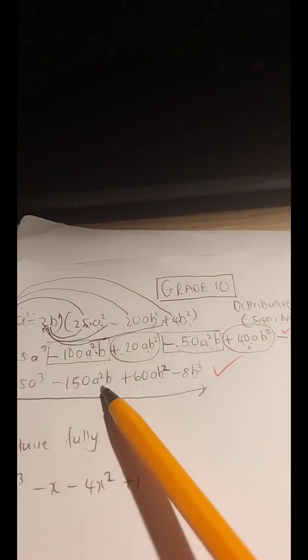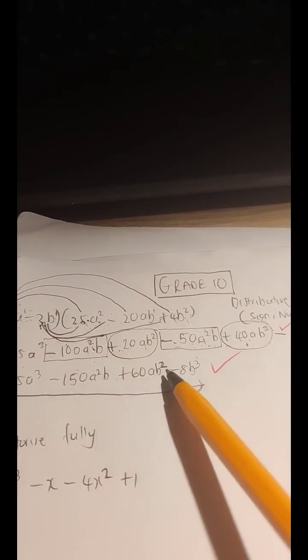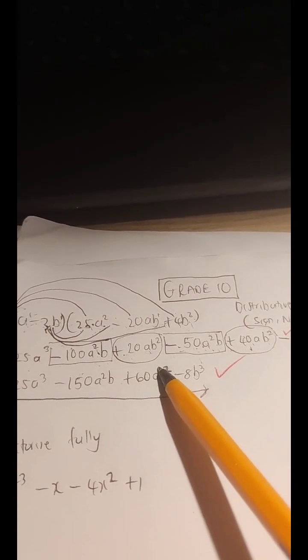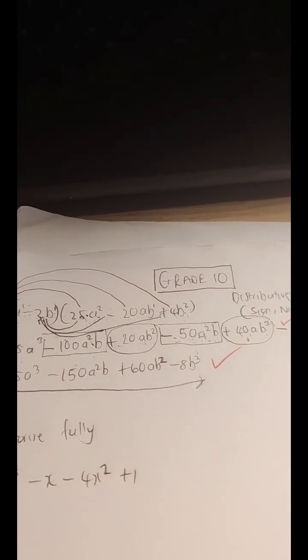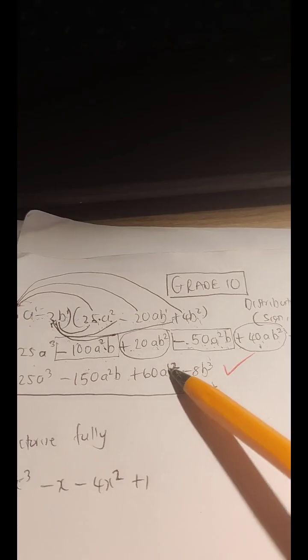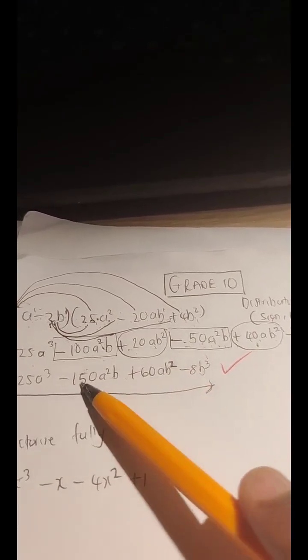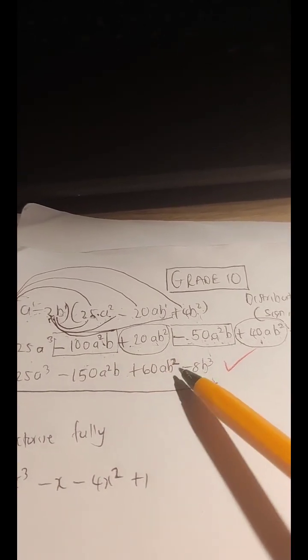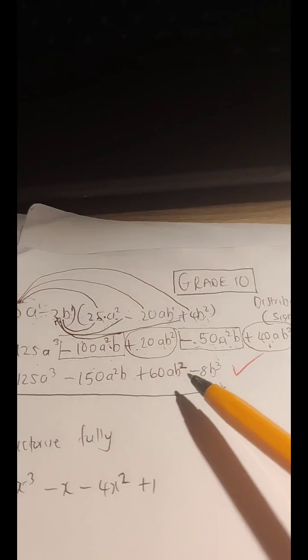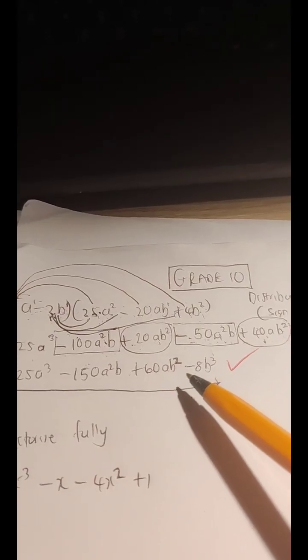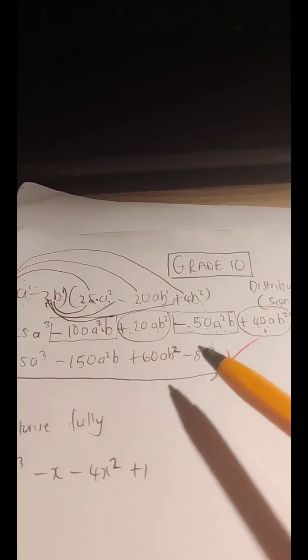Why? This a has the exponent 2. This a does not have the exponent 2, but it has an unseen exponent, which is 1. So because the a's have different exponents, we regard these two terms as unlike terms. We cannot add and subtract unlike terms.